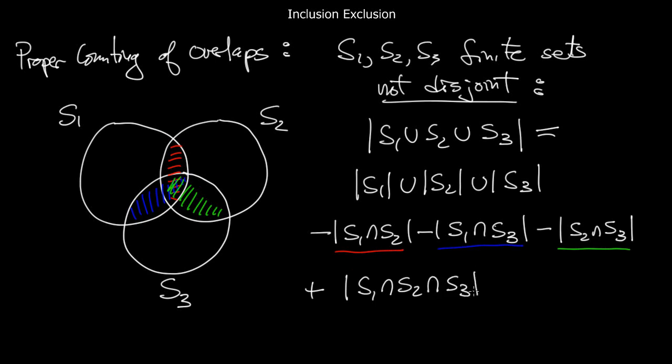And that is the correct way to count the number of elements in this union. This last term, if you look in the middle region, you've counted it 3 minus 3 plus 1 times, which is the correct number of times to count it. So that, in a nutshell, is the principle of inclusion and exclusion.